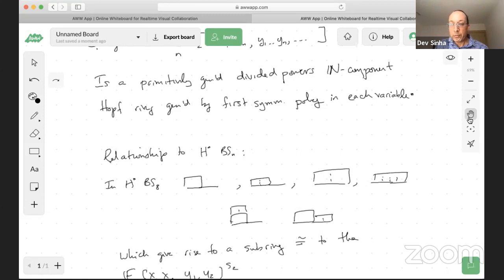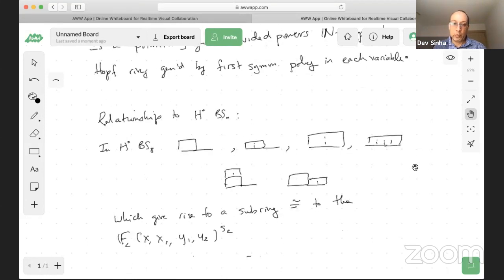And there's a topological reason for these two rings to be related, the cohomology of BS8 and this ring of invariants, and that's one place that we'll definitely go next time.